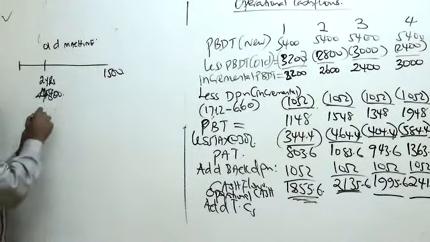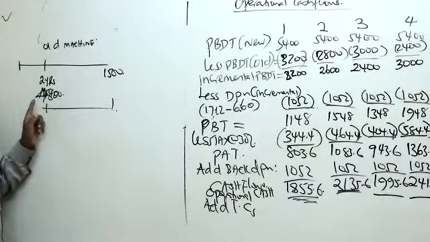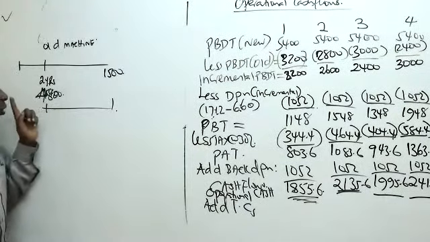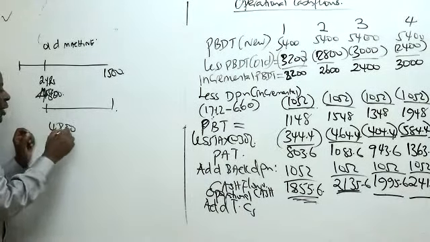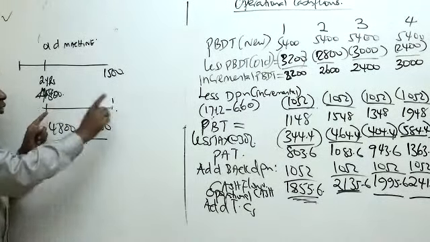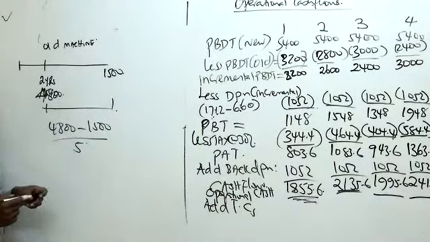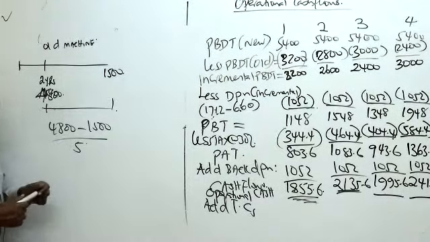So the question is, how do we get depreciation? We'll take this net book value as the original cost for the period. So the original cost will be 4,800 minus the scrap value of 1,500 divided by the 5 years. If you do it that way, you should be able to get the 660. Just try and then you tell me.